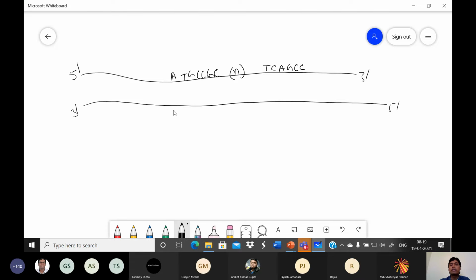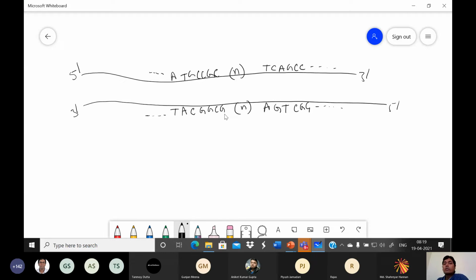And here is the complementary strand. So you will have T, A, C, G, G, C, G, N, here A, then G, T, C, G, G, and you can write so many sequences, whatever is present in this DNA.